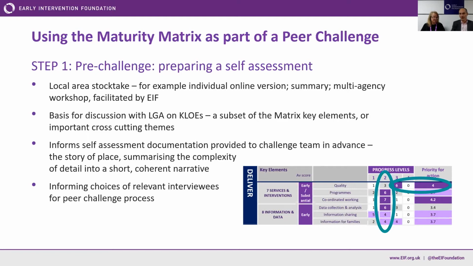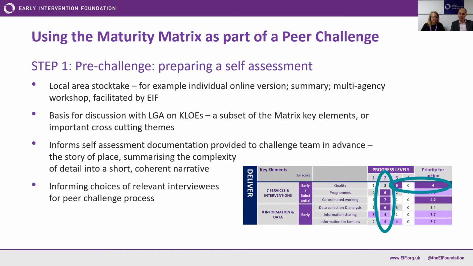Okay, good. One thing to say, actually, there are two outputs, I suppose, from this part of the process. There's a summary report which we produce with local areas that we're working with based on the individual responses to the online survey. The purpose of that is to inform discussion at the multi-agency workshop. The local area can choose whether or not they share that with a review team. It may be that that's not an accurate description of their local story and they don't feel it's helpful.